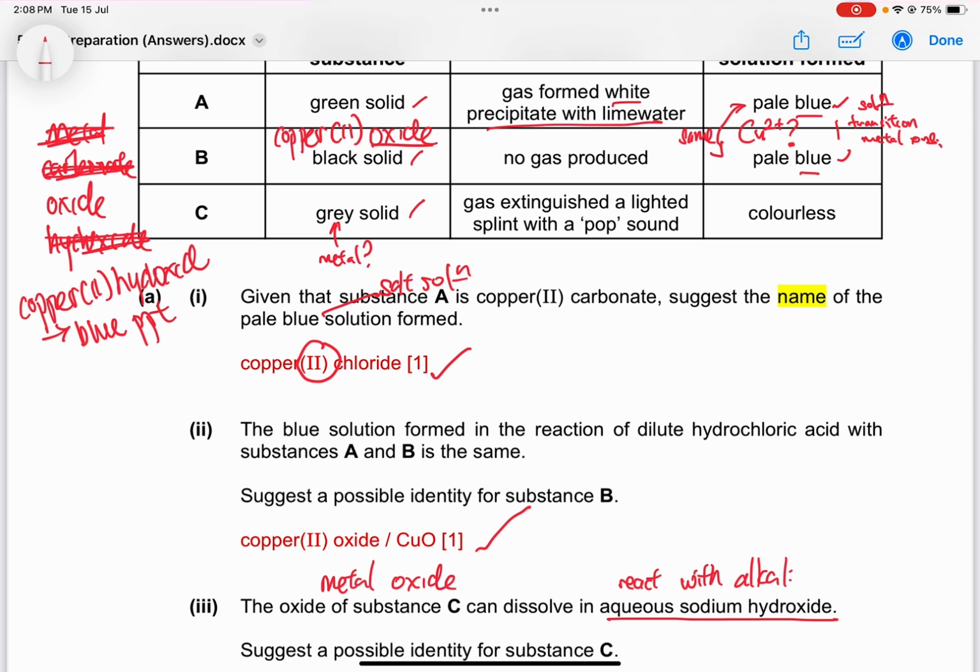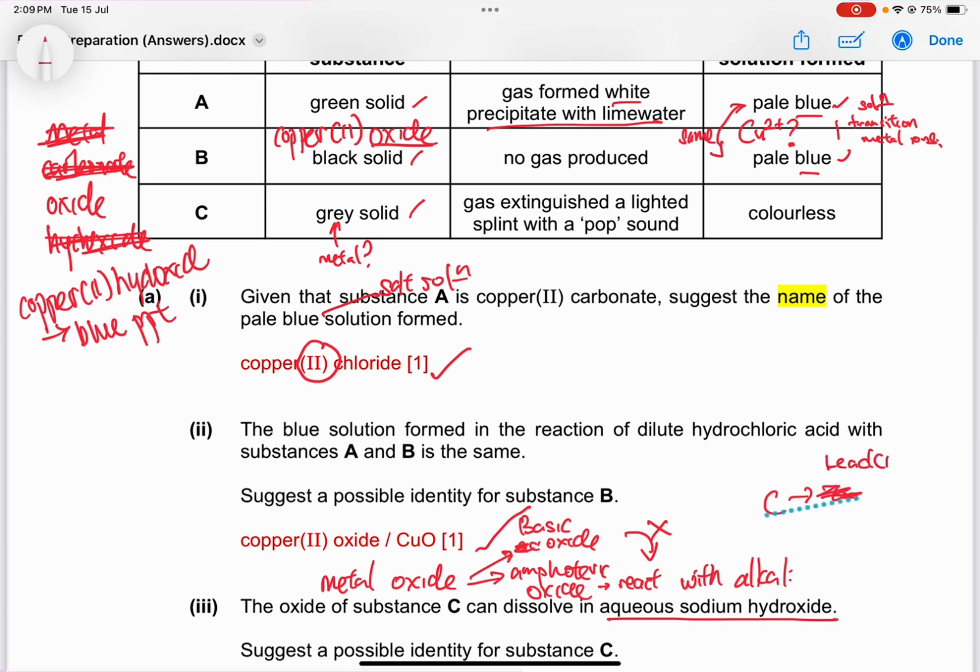Now, which metal oxide can react with alkali? I know for metal oxides, I have two main categories: basic oxide, or it could be amphoteric. Now, basic oxide cannot react with alkali. Therefore, I know that the oxide of C must be an amphoteric oxide. Let me use my favorite, so let's think of LACE.